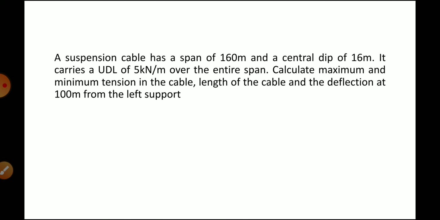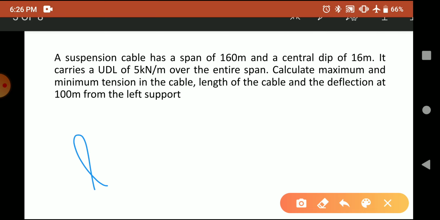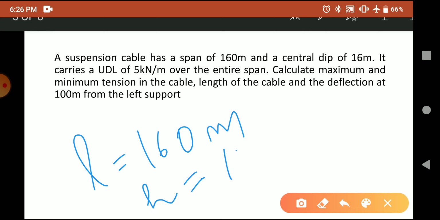no diagram will be given to you, hence you should be familiar with drawing the diagram from the question. So here you are given a suspension cable with span 160 meter, that is, small l is equal to 160 meter. Central dip, that means small h is equal to 16 meter. W is 5 kilonewton per meter.